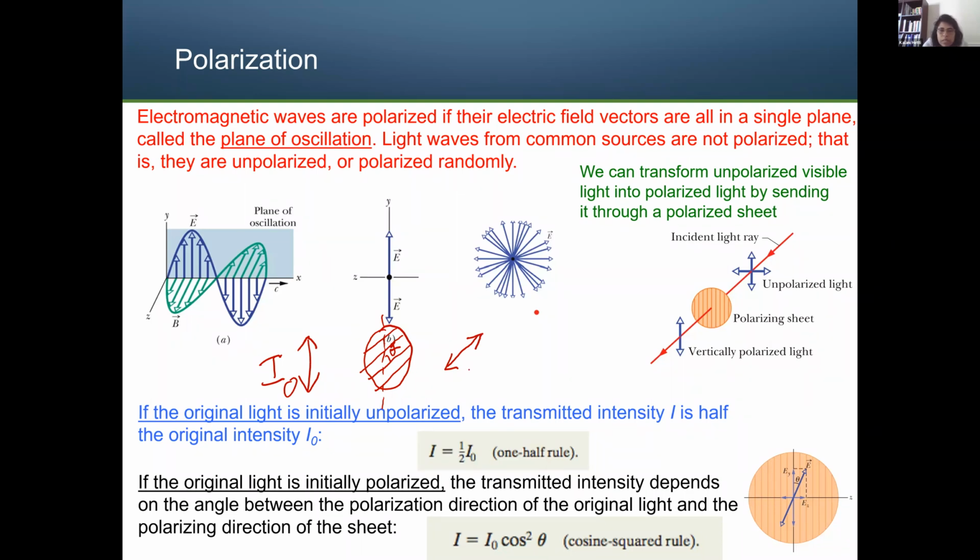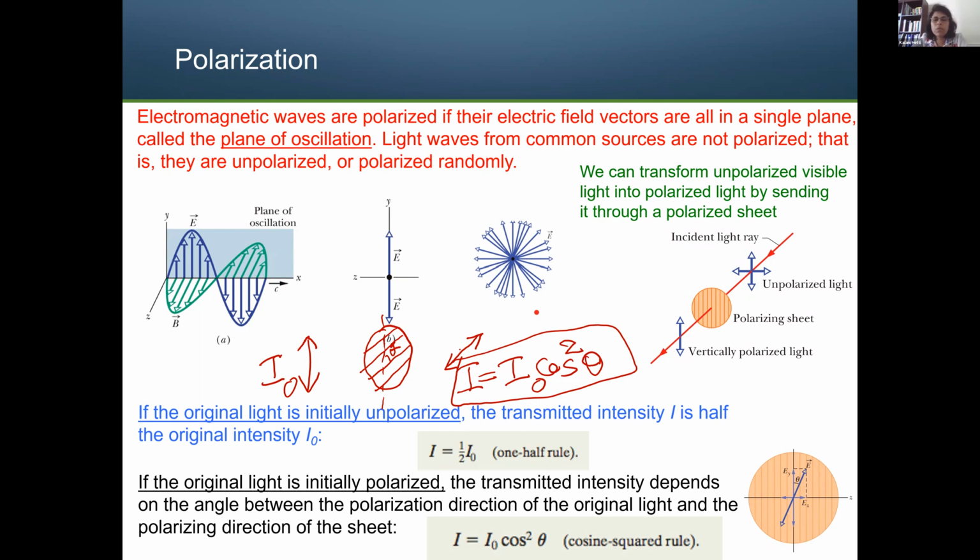Then you're going to get this I here as I naught times cosine squared theta. We call it the cosine rule. The cosine rule works when you have a polarization sheet in front of polarized light. Then you can pass some of it using the cosine angle.